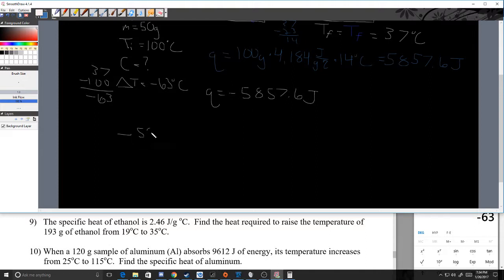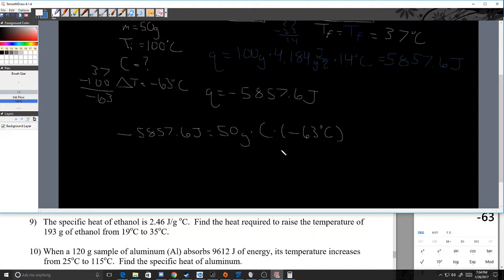Negative 5,857.6 joules equals mass of the block, 50 grams, times specific heat, which is what I'm looking for, times change in temp, which we said was negative 63 degrees Celsius.